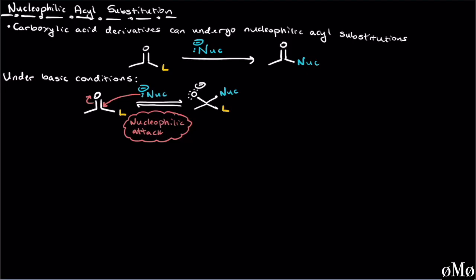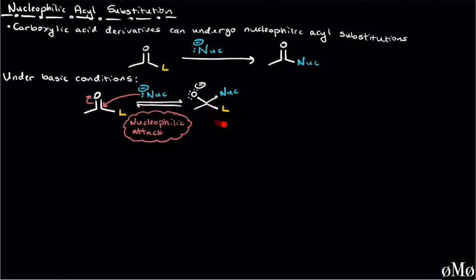And this is where things differ between the aldehyde and ketone reactivity and the carboxylic acid derivative reactivity. Note that because you have a carboxylic acid derivative, at this stage both the incoming nucleophile and this L group in the tetrahedral center can leave.